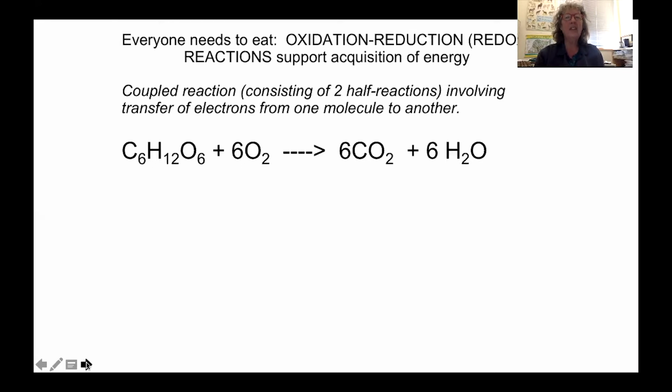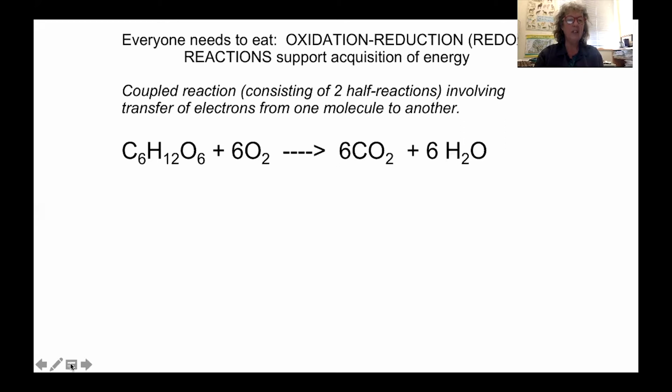So everybody carries out these oxidation reduction reactions. And here is an oxidation reaction of sugar and oxygen. So just like you ate your power bar and broke it down, it was broken down through a series of reactions using oxygen that you're bringing in through respiration and producing CO2 and water as byproducts.